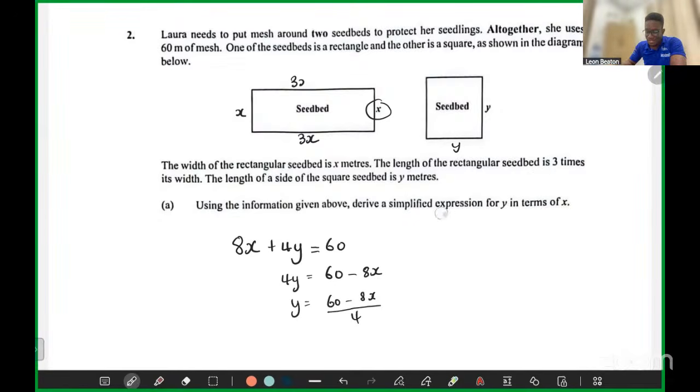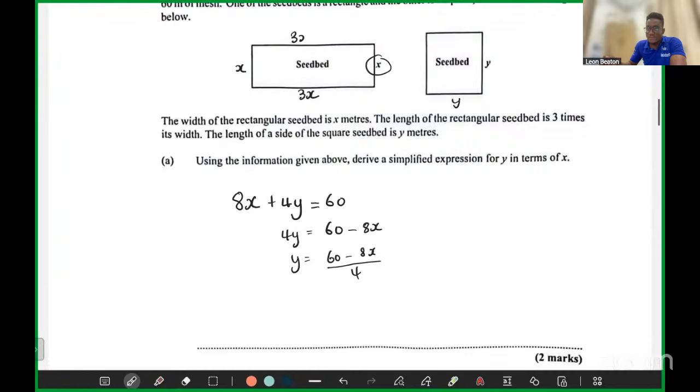So they want a simplified expression. If you leave your answer there, you're leaving some marks there as well. So we have to simplify this expression. This 4 is over every single thing. So y is equal to 60 over 4 minus 8x over 4. The 4 is over everything, so this is a nice way to look at it. 60 divided by 4 will give us 15, and 8 divided by 4 would give us 2.